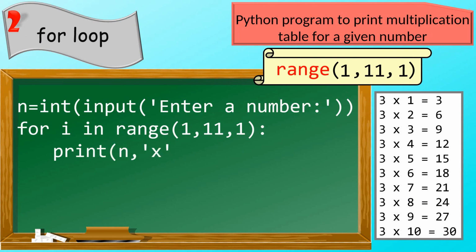Print n, then into, i, equal to, n into i. So here n, that is for example 3, into, this i will be 1, 2, 3, 4, 5, 6, 7, 8, 9, 10. For each print statement it is equal to this calculation: 3 into 1, 3 into 2, 3 into 3, like that. For each iteration, the value of i will be changing from 1 to 10.